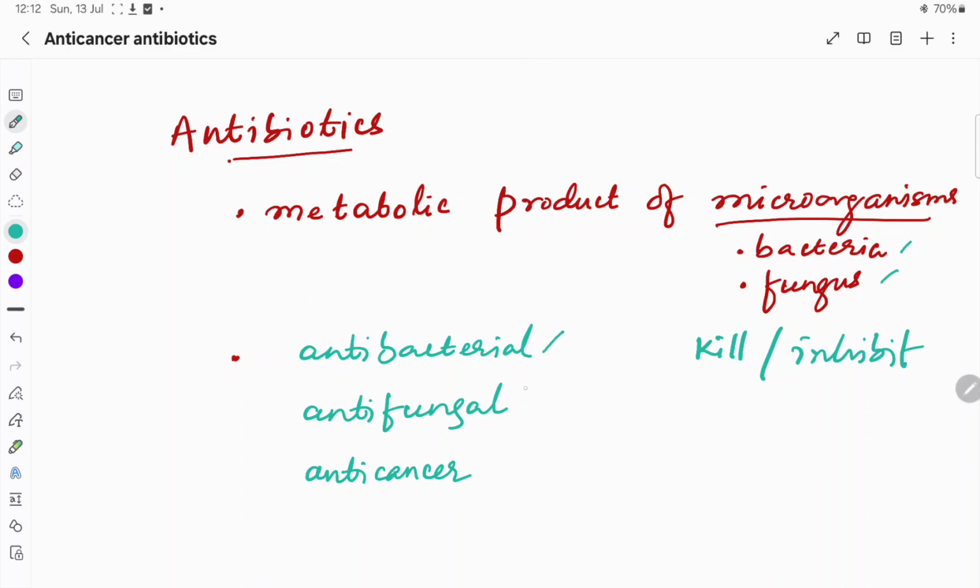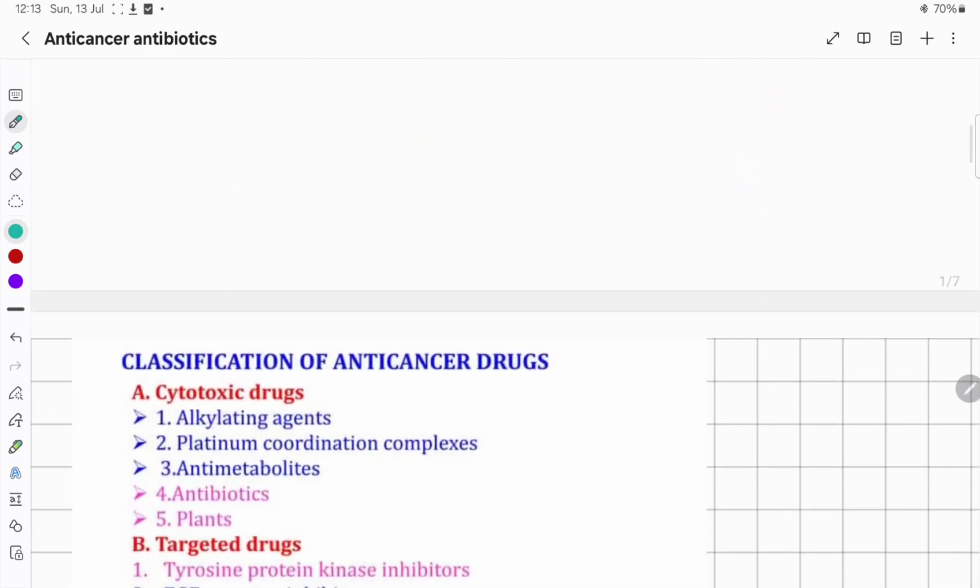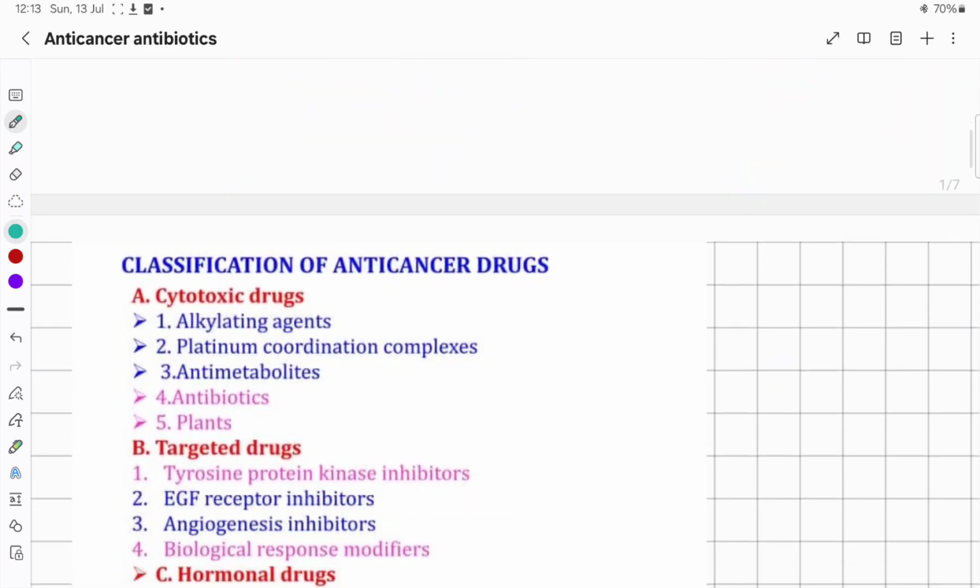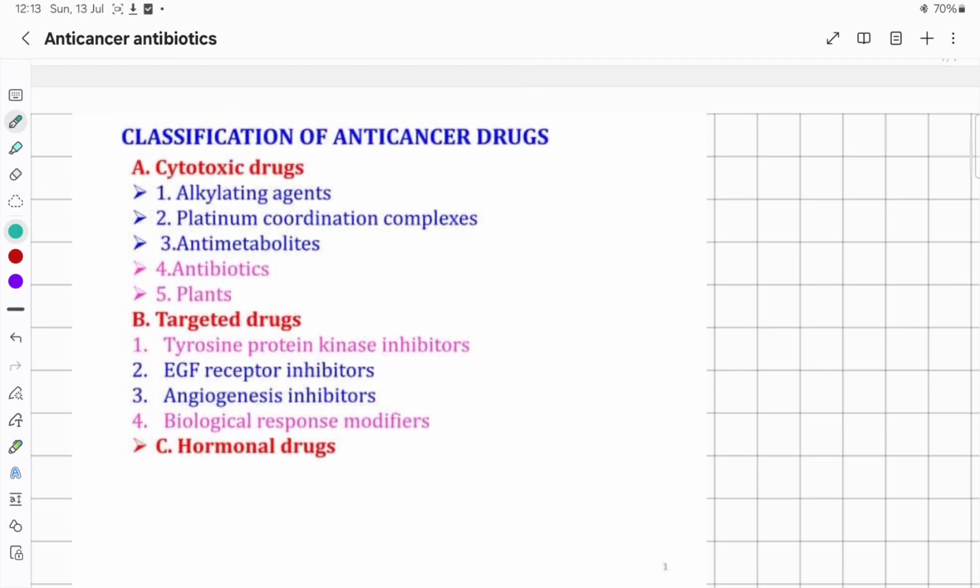So they can be antibacterial, antifungal, and they can also be used against cancer cells. So some of the metabolic products of microorganisms, that is the antibiotics, can also have anti-cancer use. So they are called anti-cancer antibiotics or antineoplastic antibiotics.